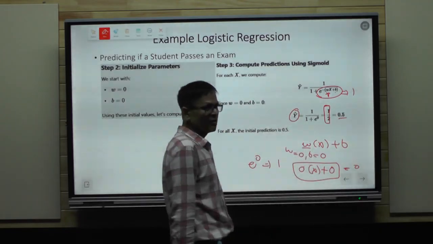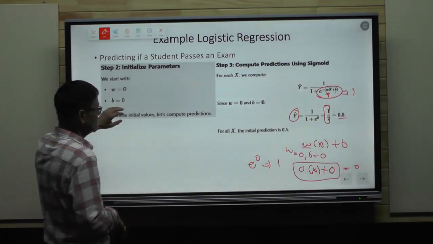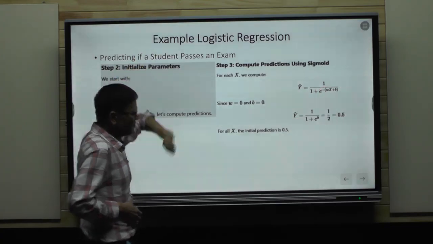It is 50-50. So the initial prediction for all x is 0.5.